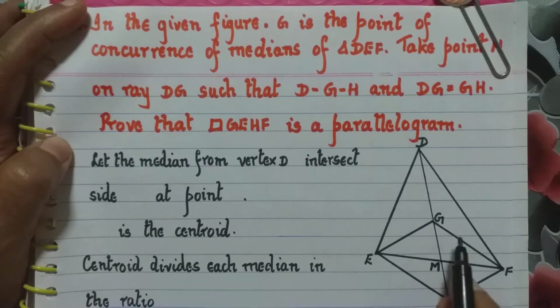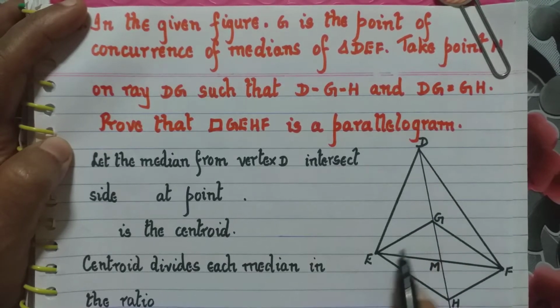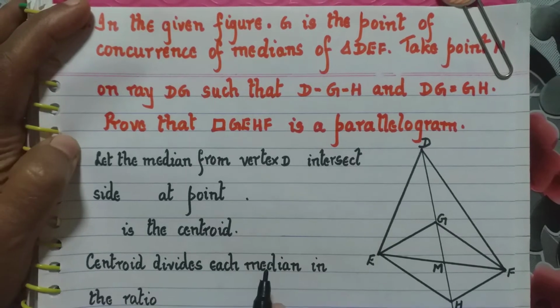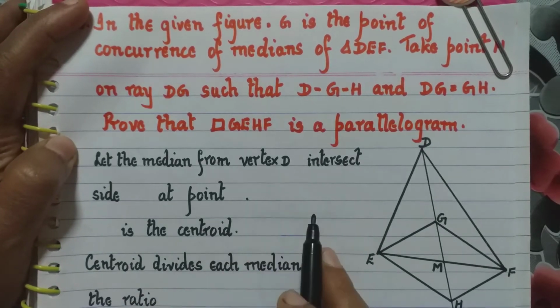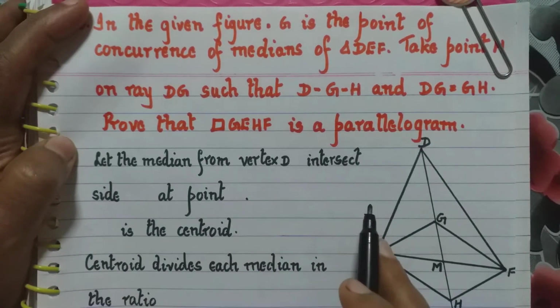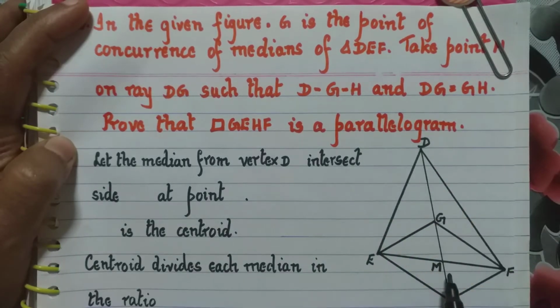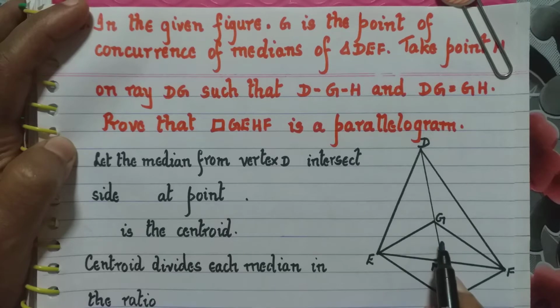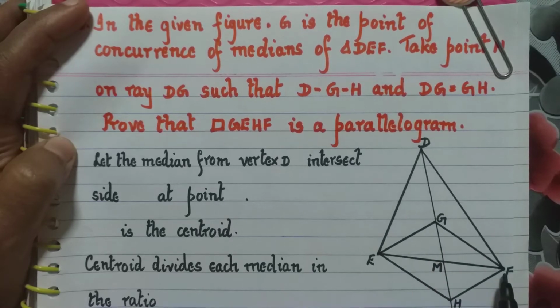Now what have we to prove? To prove that quadrilateral GEHF is a parallelogram. Let us see how we do it. Let the median from vertex D, this is the median from vertex D, it is intersecting the side EF, it is meeting this side EF.